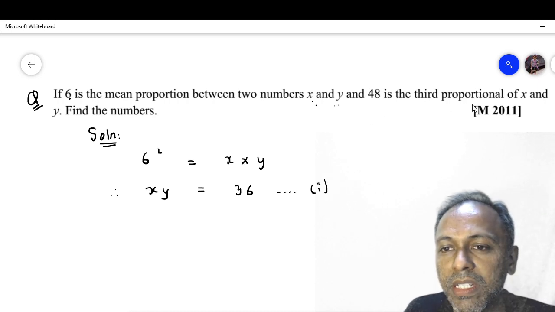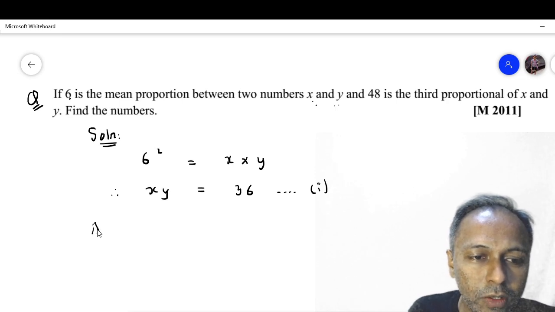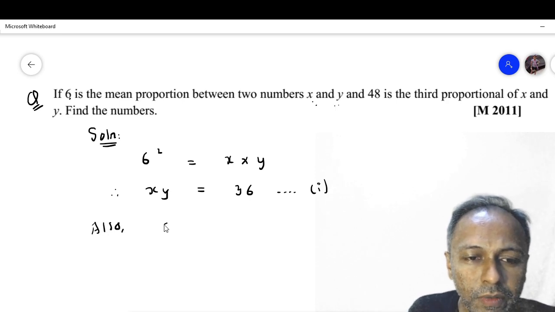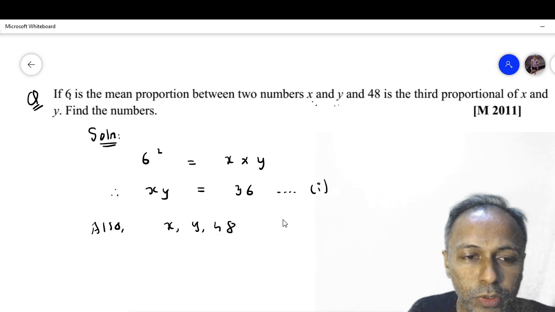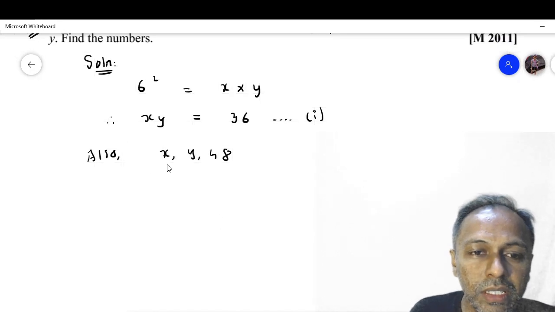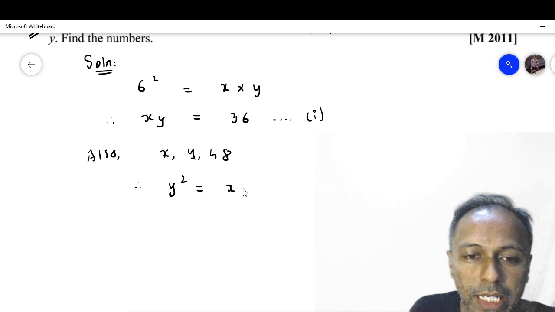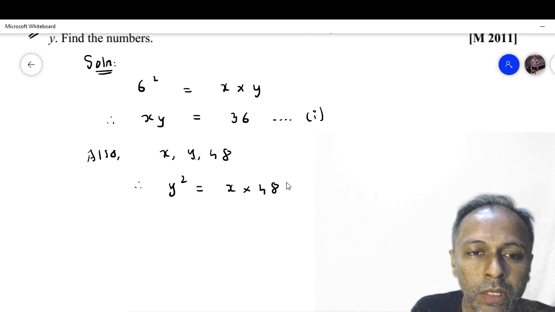Further they are saying 48 is the third proportional of x and y. So we can write x, y, and now 48 is the third proportional. So just like the earlier problem we did, the square of the middle term will be equal to the product of the extremes, which is x into 48.